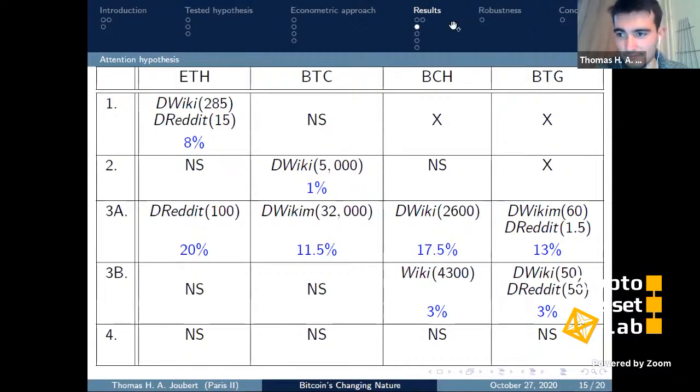So, are there any other questions from the audience? I have a small question. Now you have shown that indeed the interest in the Wikipedia pages influences the price. But do you also believe that the price influences the number of Wikipedia visits? Because as you can imagine, when the price of Bitcoin was so high, a lot of people visited the Wikipedia page to investigate what is happening.